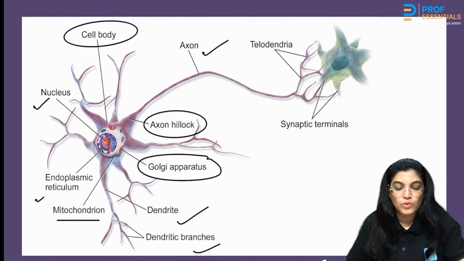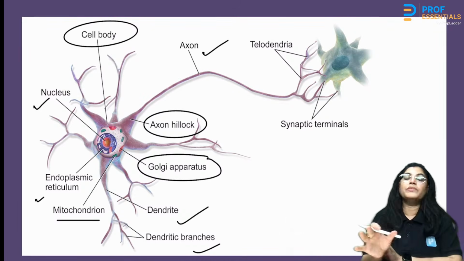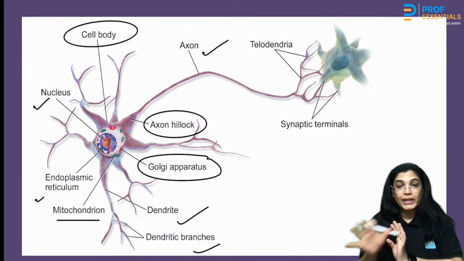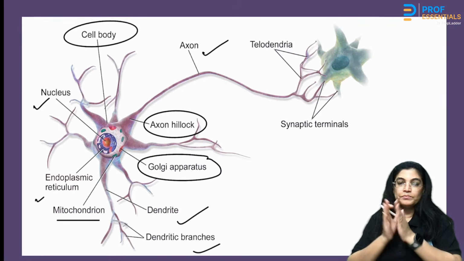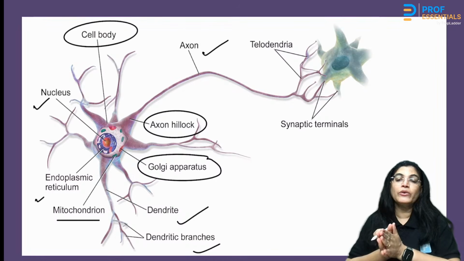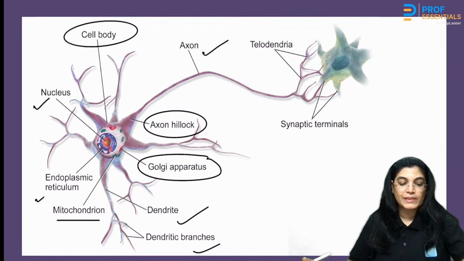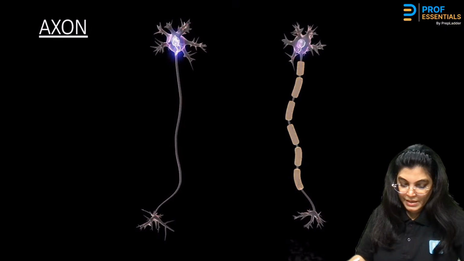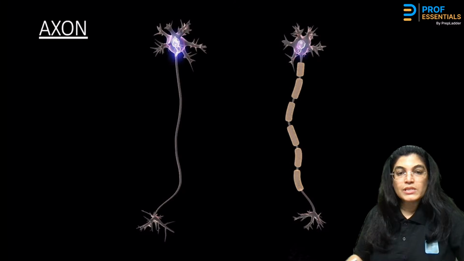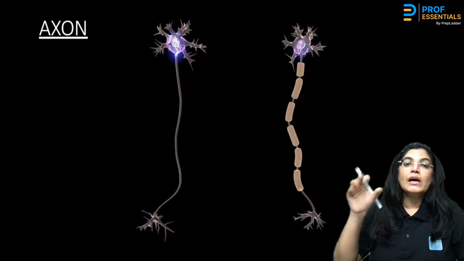Okay. So we now know about the cell body of the neuron and also about the dendrite part of the neuron. Now we have to discuss the axon hillock and the axon. So we will discuss the axon of the neuron. Let's see here. Can you see the long process?